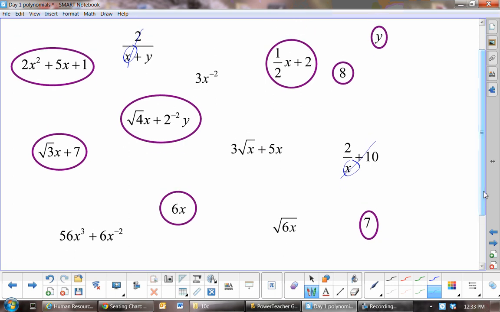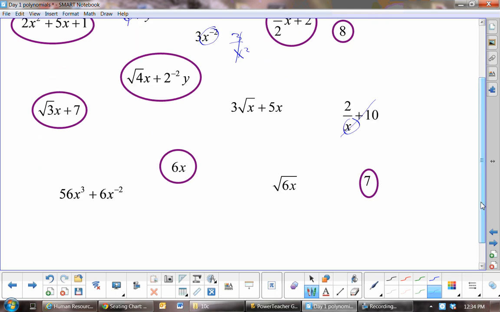Do any other ones fail because of that same reason? Yeah, this is the same thing as 3 over x squared, is it not? So that one fails, and this one fails, because that's the same thing as 6 over x squared, right?